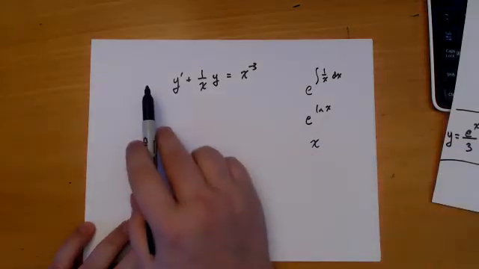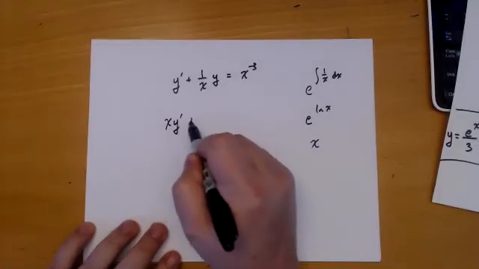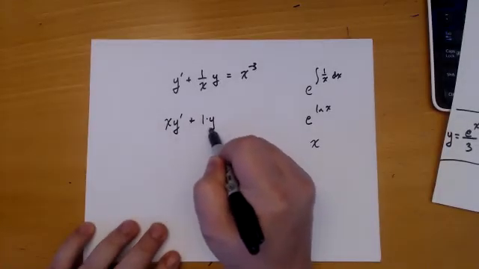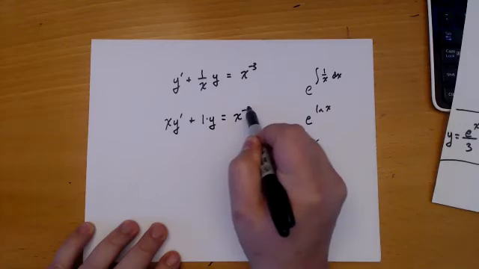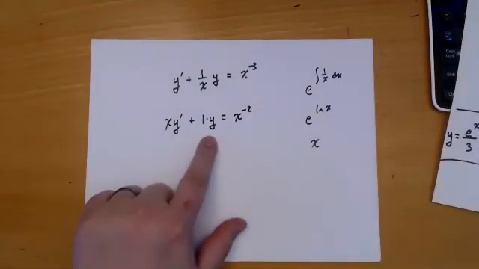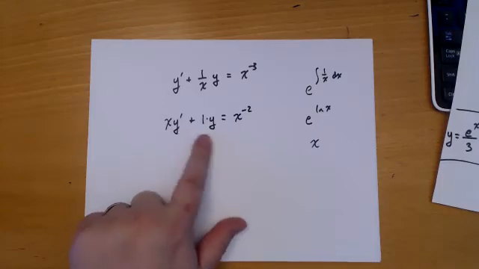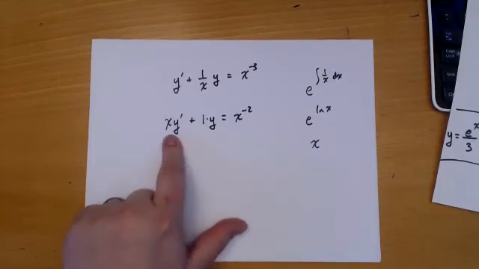Now I multiply it everywhere. Now, if you look at this one, you can really see that it is the product rule. I hope that's clear. The derivative of one and the derivative of the other, and the other guys are left alone.